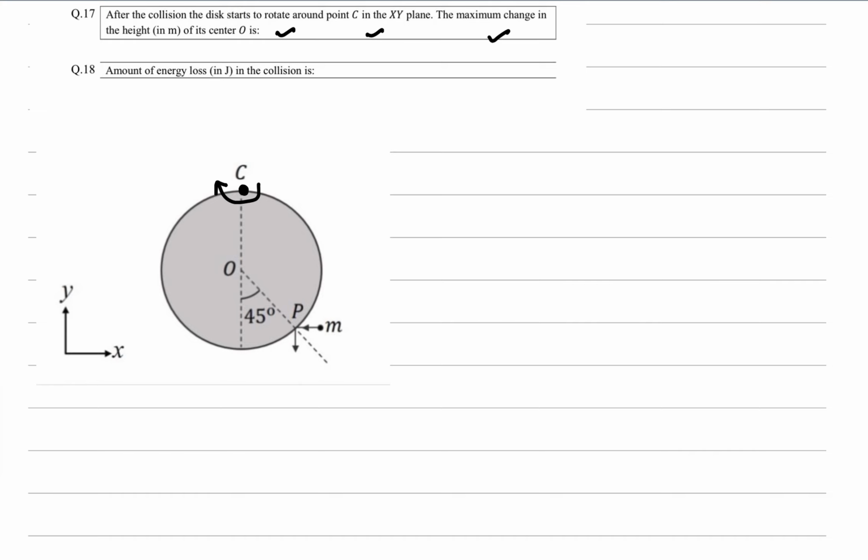So we can easily say that the angular momentum of the system will remain conserved.